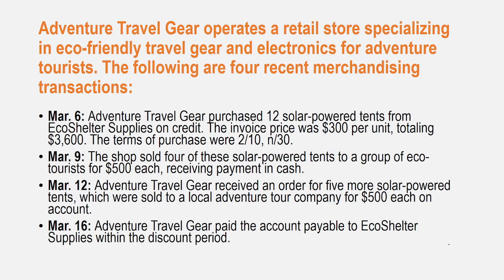And finally, economic scenario number 4, the final one, takes place on March 16, when paying for merchandise within the discount period takes place. So let's look together at how we can record this case.